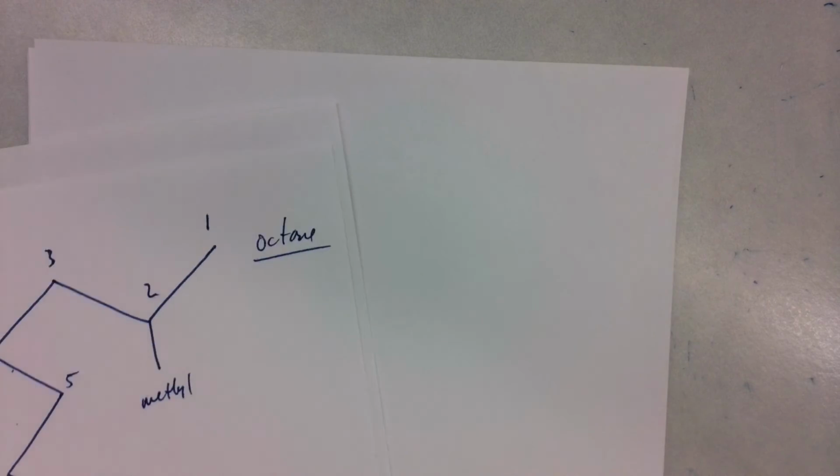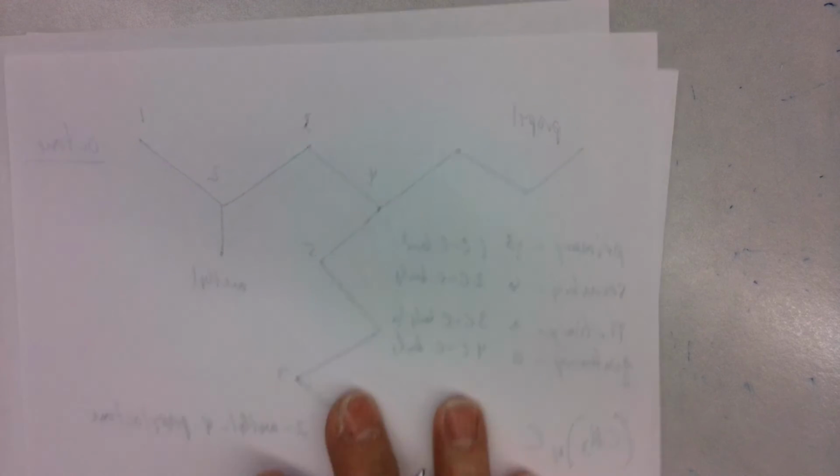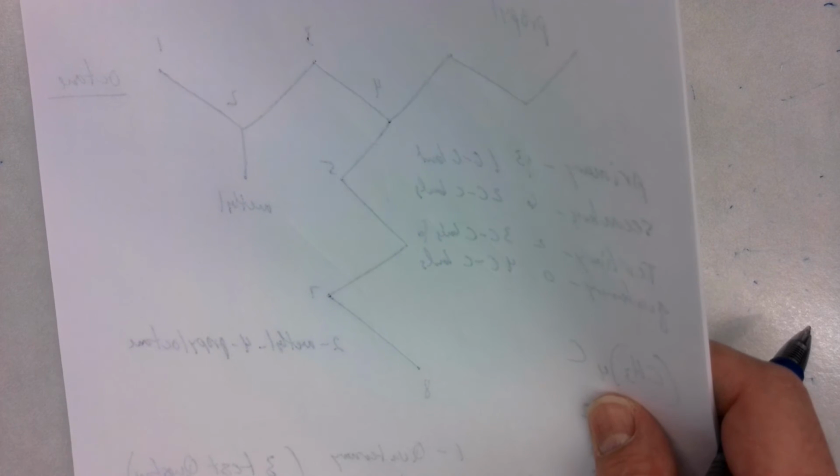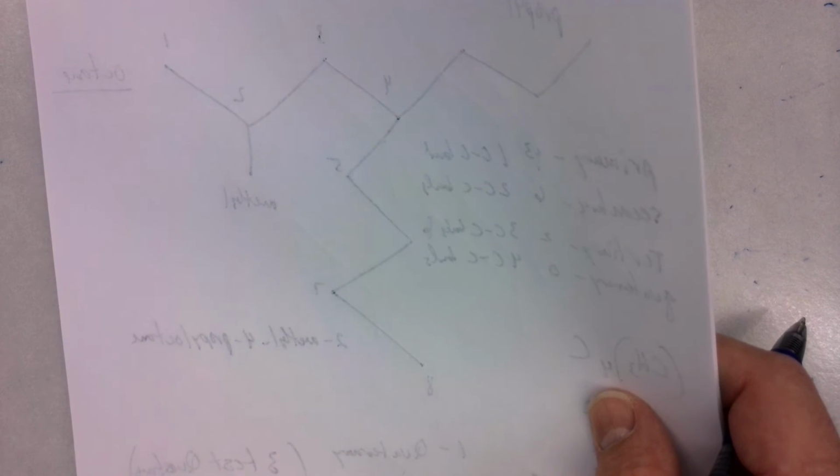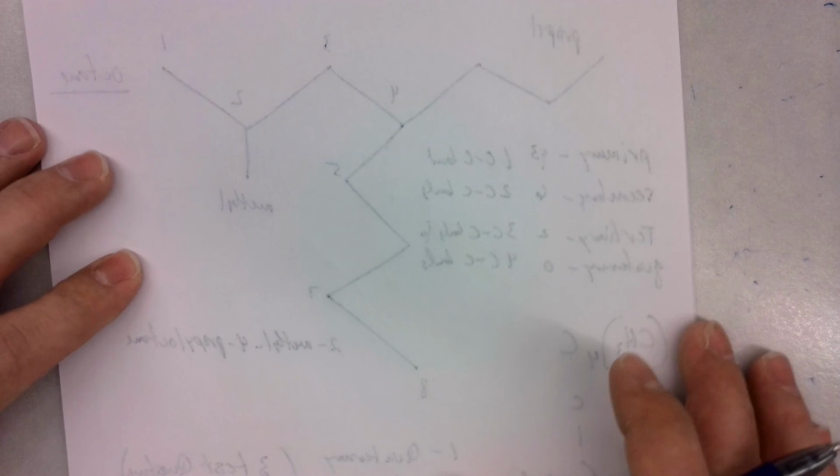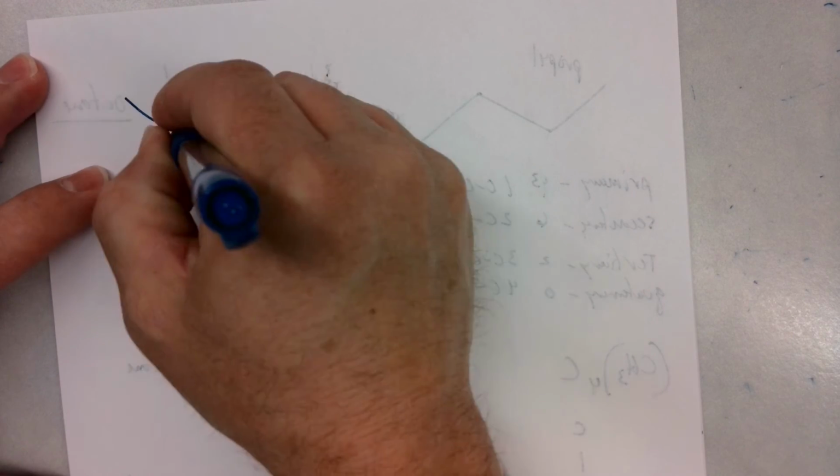Now, let's up the ante here. Now we're going to do both. We're going to name it, and you're going to identify a couple of carbons for me. Okay, so here we go. We ready?